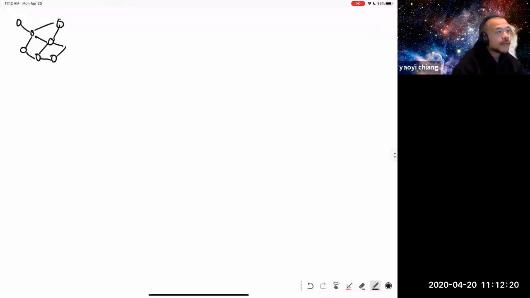What we want to look for is we have some graph, and based on the graph, we want to be able to say some links are more important than others. Sorry, some nodes are more important than other nodes, right? And here we are actually looking at a directed graph.